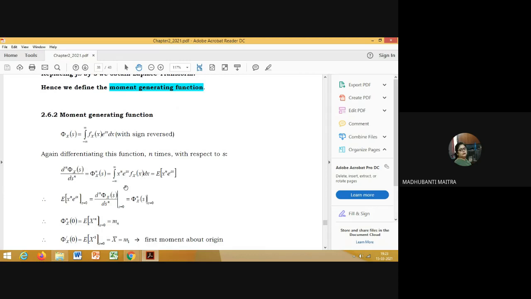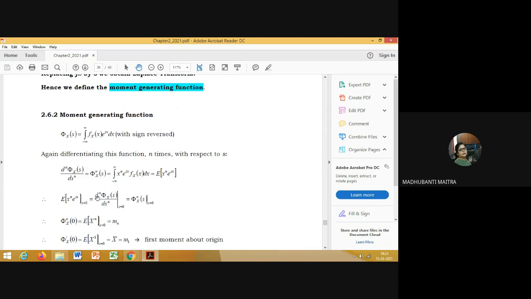Again, this can be written as the expected value of the function x to the power n e to the power s x. If we evaluate this expected value when the variable s is equal to 0, we'll get the expected value of x to the power n, since the exponential term becomes 1.